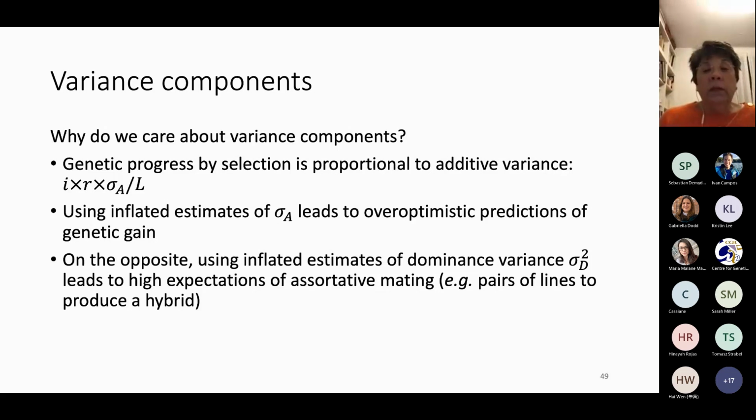And on the opposite, if you have estimates of dominance variance that are inflated, we will have a high expectation of assortative mating, for instance, when we have two lines to produce a hybrid. So in this case, we have to take care about the estimation of the variance components.